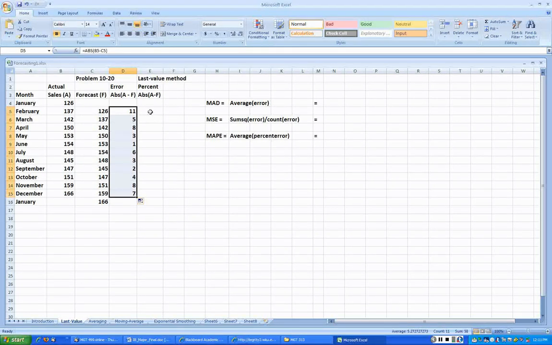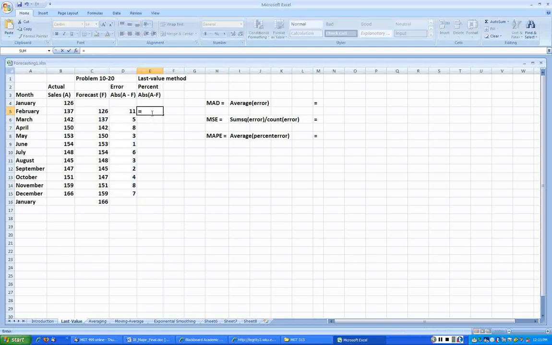Now what is the percent absolute error, which is nothing but this one here, divided by the actual. Now express that as a percent. If you express that as a percent, that's 8%.